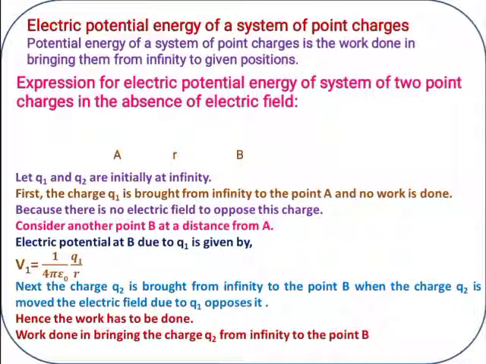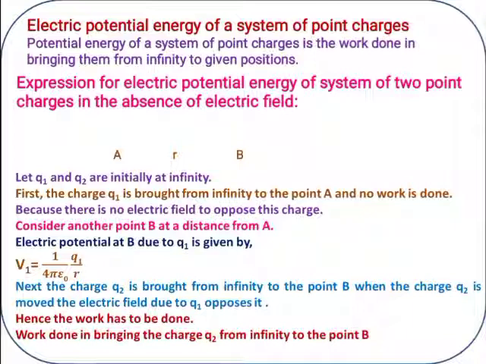If I bring the charge in the absence of electric field from infinity, is there any work done? Definitely not, because we studied in the previous slide that work is done in the presence of electric field.